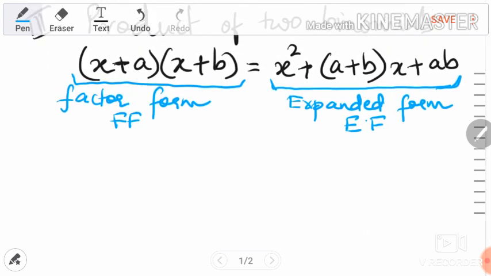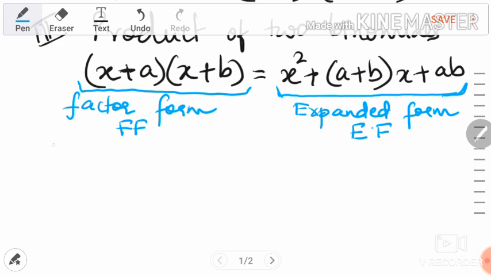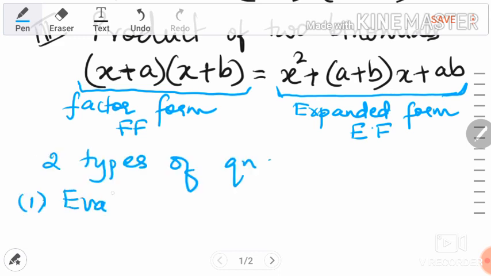So there can be two types of questions based on the identity. When the question is evaluate, then the factor form will be given.